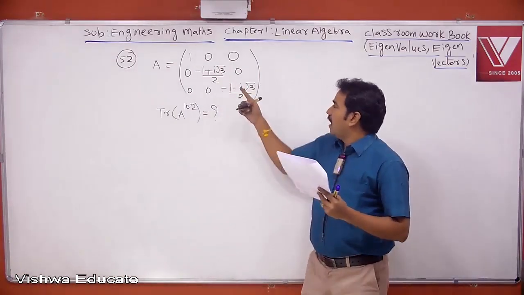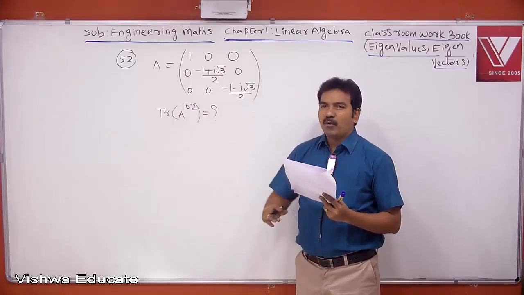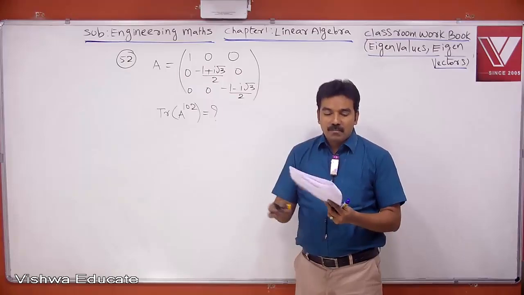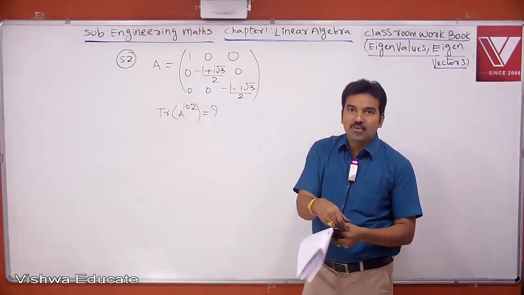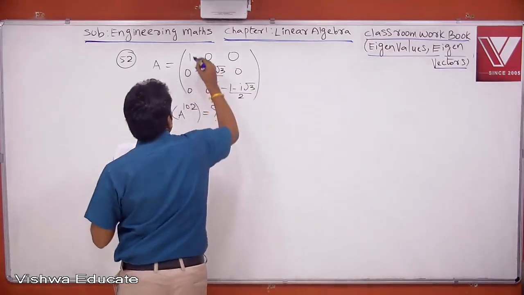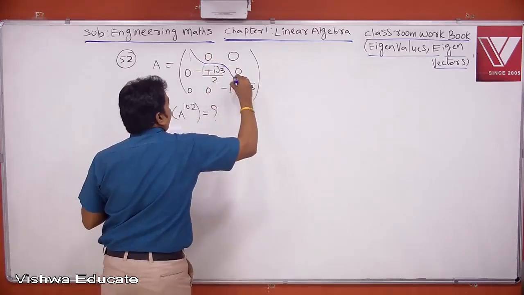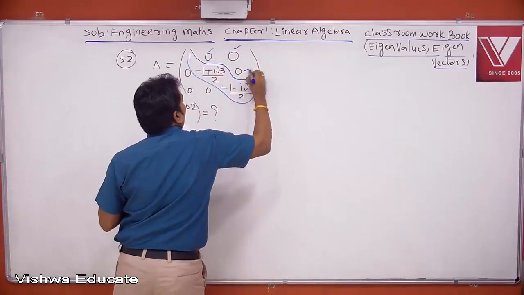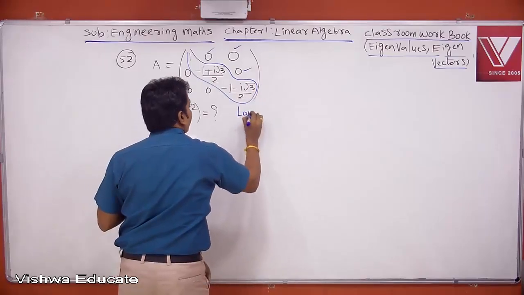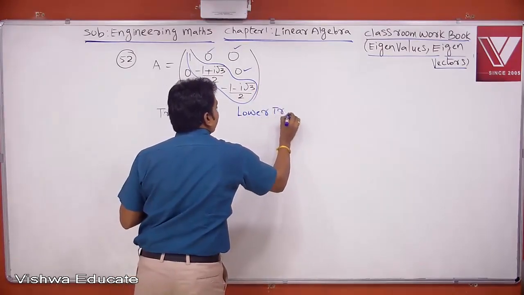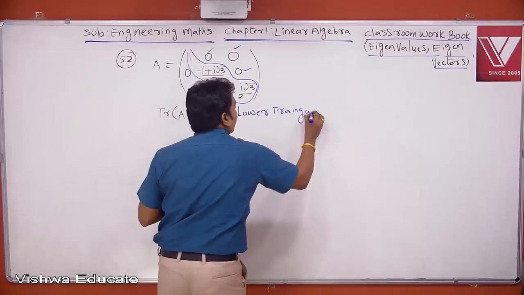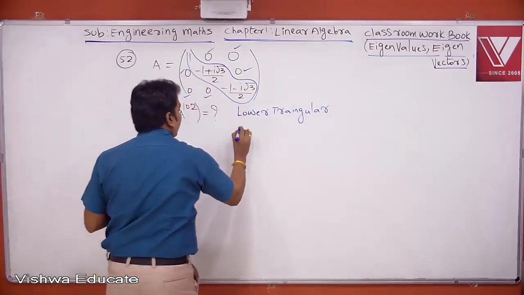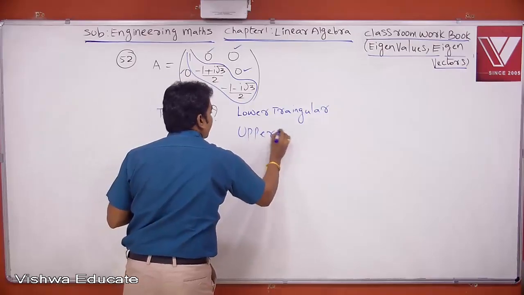Now this is a diagonal matrix. If it is either an upper triangular or lower triangular matrix, the eigenvalues are the diagonal elements. All elements above the diagonal are 0, so this is a lower triangular matrix, or all elements below the diagonal are 0, so this is an upper triangular matrix.